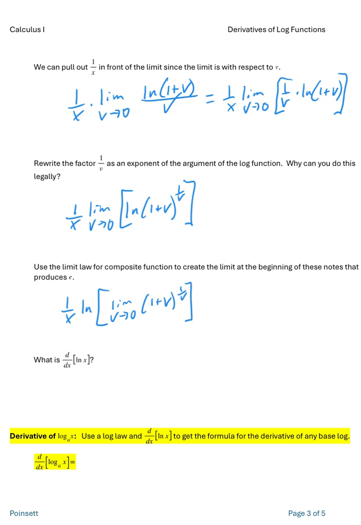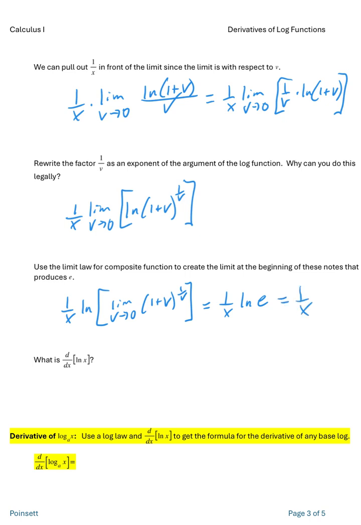Now we have intact exactly what we were looking for. This right here is, in fact, the natural constant e. So we can rewrite this expression as 1 over x times the natural log of e, and the natural log of e is precisely 1. So this is equal to 1 over x.